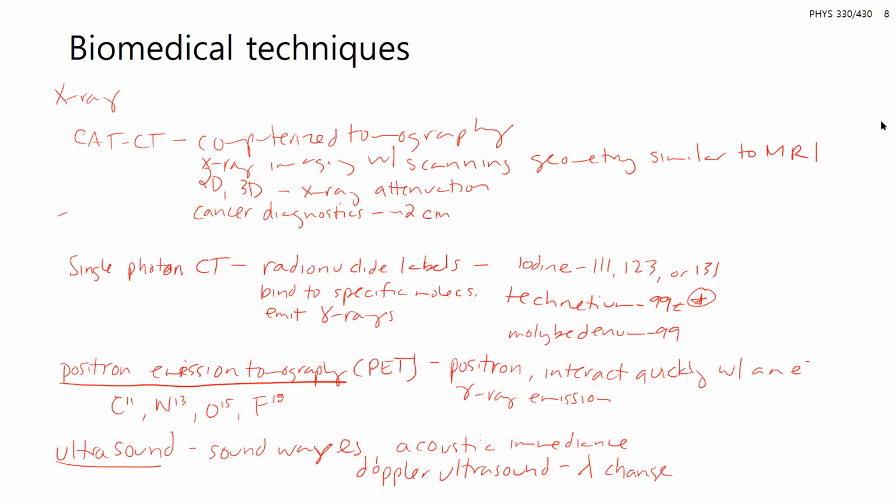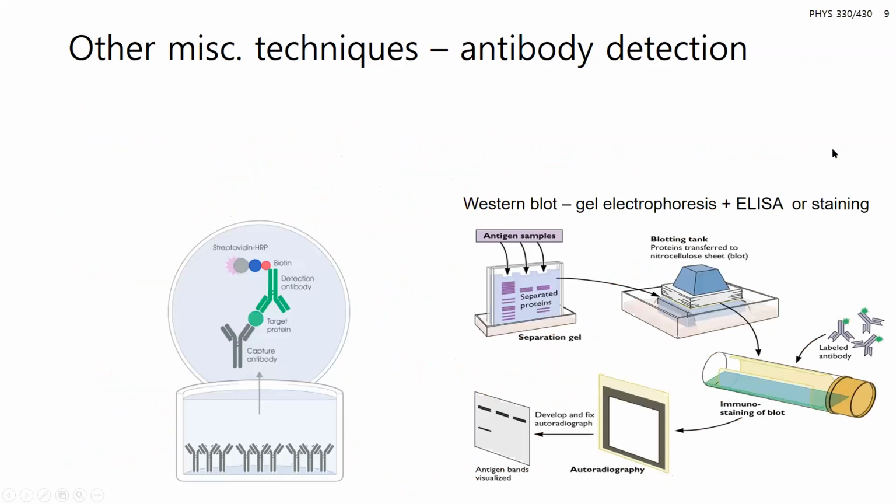Cool. And then one very last thing, because I realized I didn't talk about this at all during the class, and I feel like I should mention it, that antibodies are used with some molecular techniques that I wanted to make sure that I mentioned.